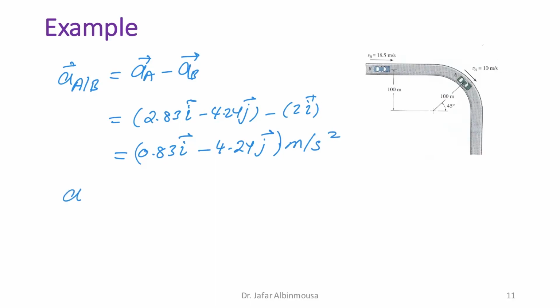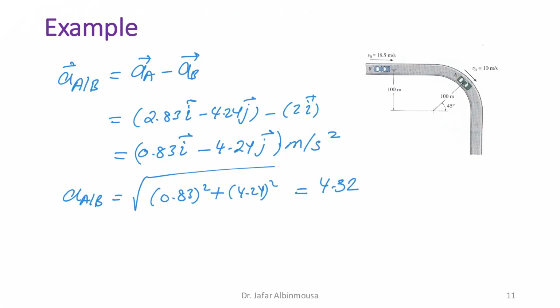If I want to get the magnitude of this one, then it is the square root of the squared components, 0.83 squared plus 4.24 squared, which is going to be 4.32 meter per second square.